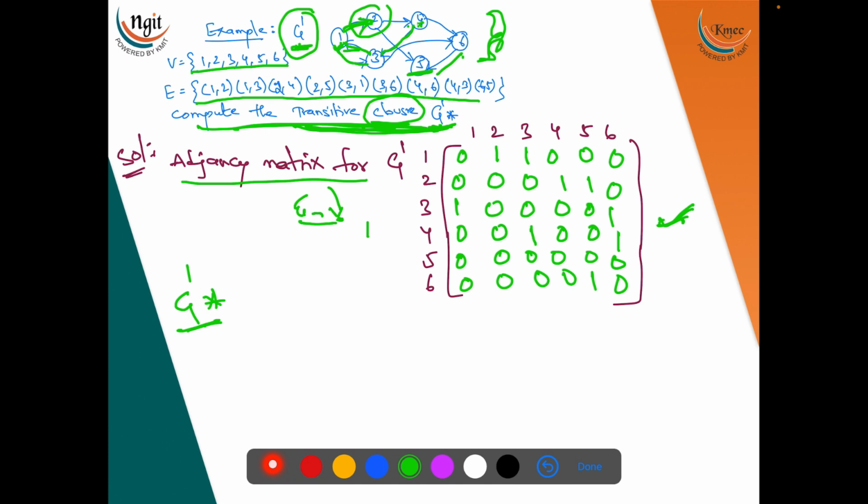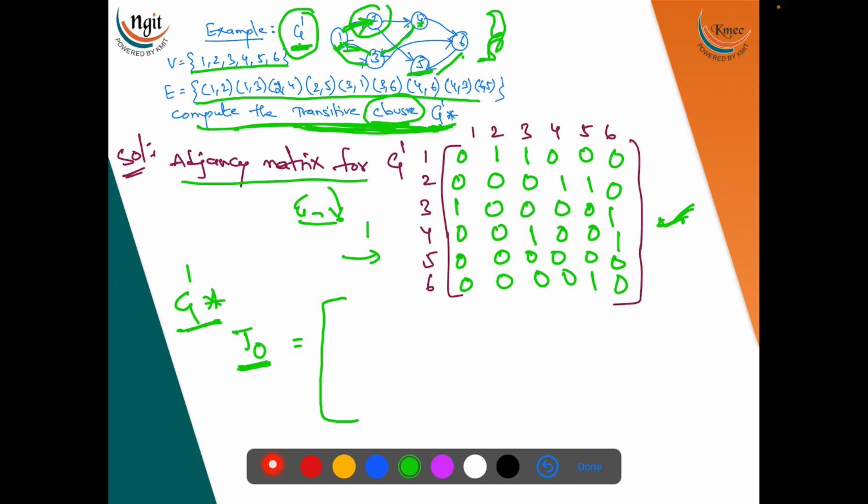Now, I'm calling the first one T0. T0 is the reachability matrix of the adjacency matrix. Now let's see.